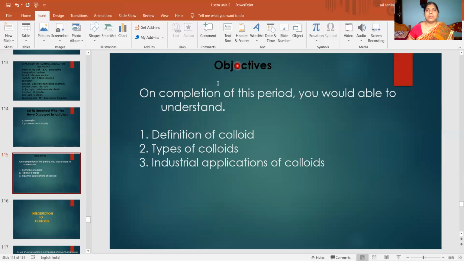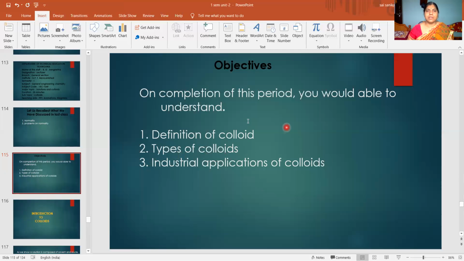Coming to objectives, on completion of this period you would be able to understand these topics: the definition of colloid, types of colloids, and industrial applications of colloids. Colloids is a very new topic in the C18 curriculum and a very small topic: just the definition, then types of colloids and their properties, then industrial applications of colloids.